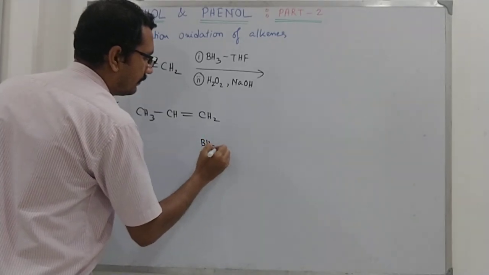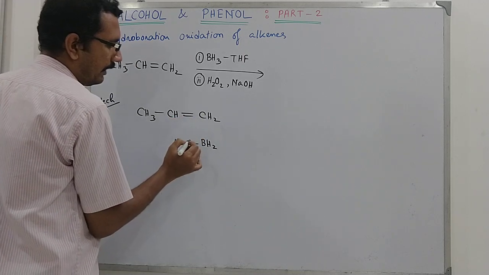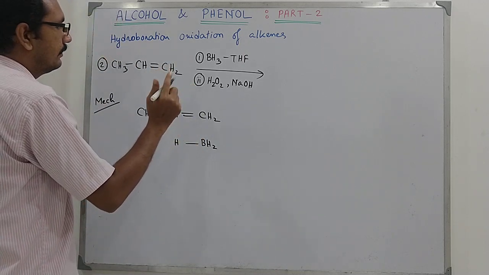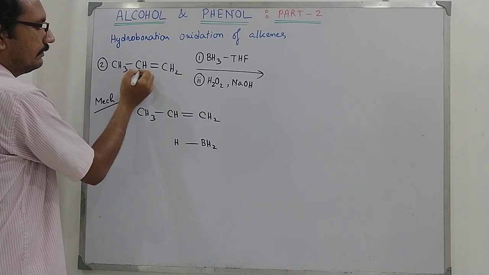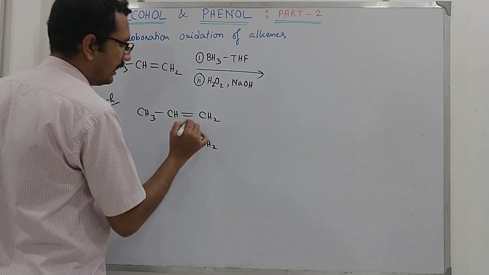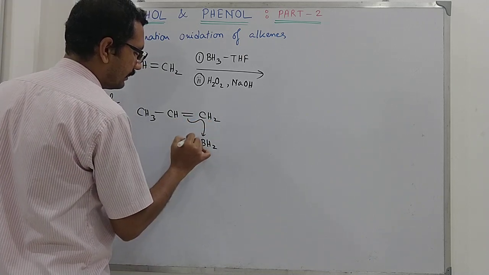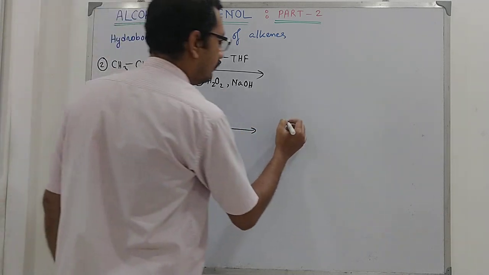We have two options, like in part 1, where the H plus could get attached to the terminal carbon or to the carbon having more substitution, or the less number of hydrogen atoms. Here also we have two options. Now this will lead to the transition state looking like this.